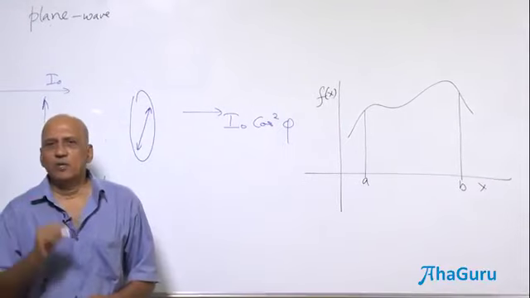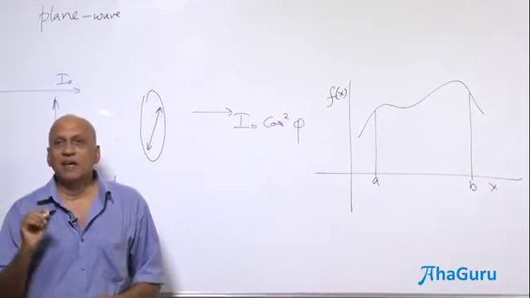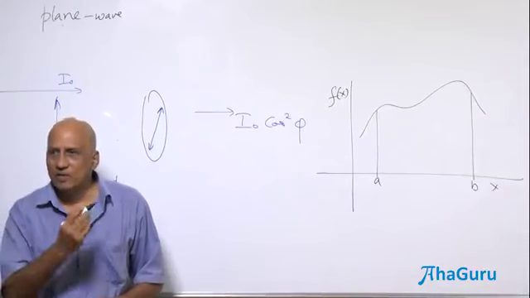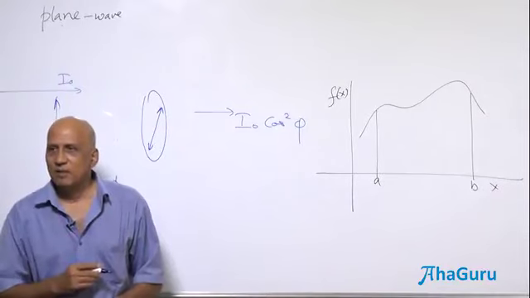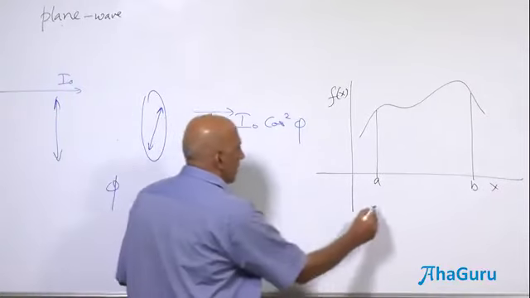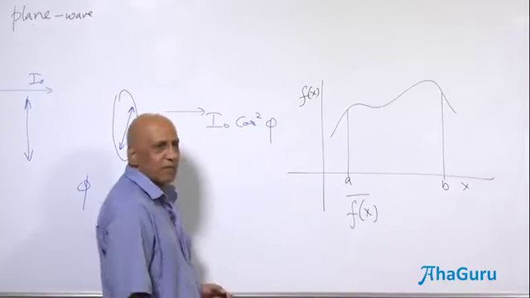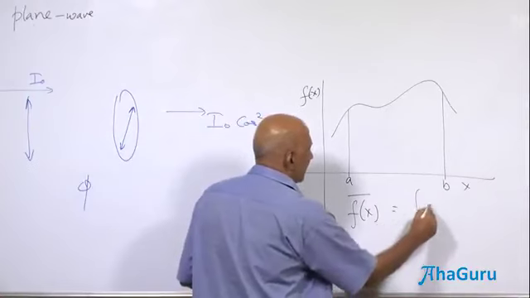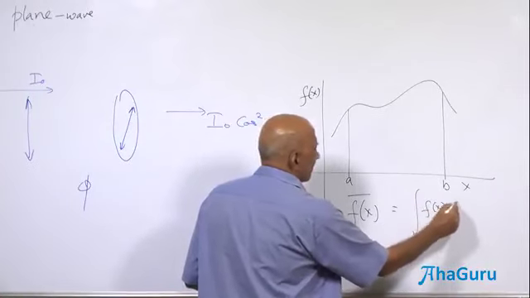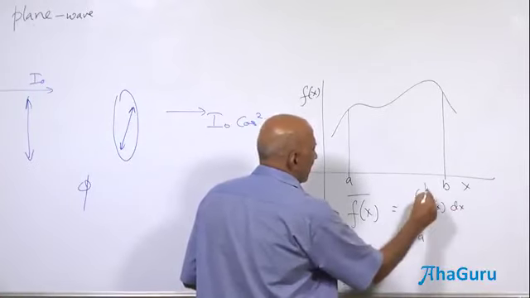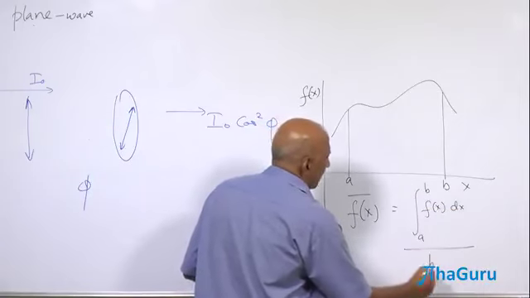If I were to ask the question, what is the average value of f of x over this range? The answer is, the average, we'll write it as a bar, is the integral of f of x dx from a to b divided by b minus a.